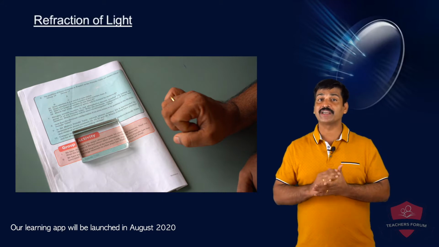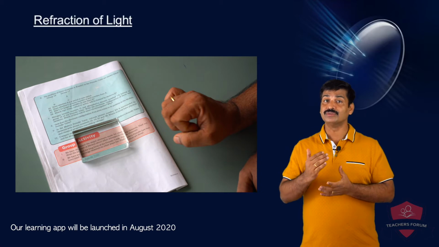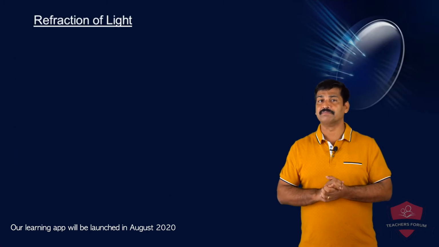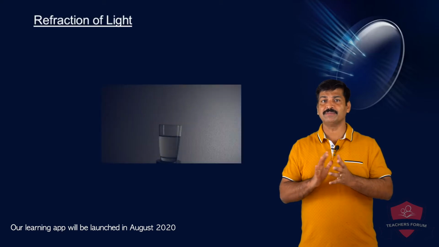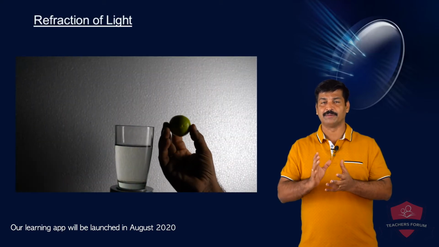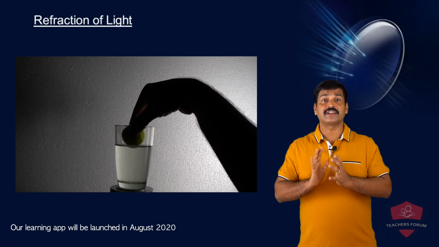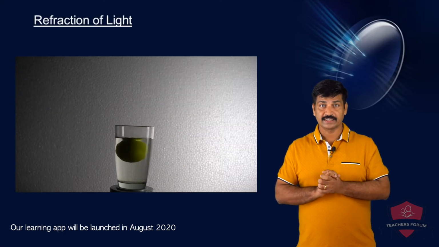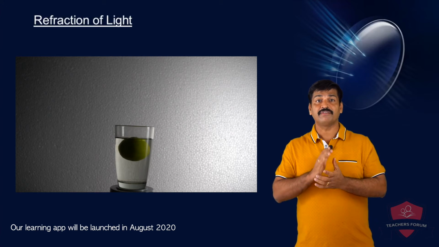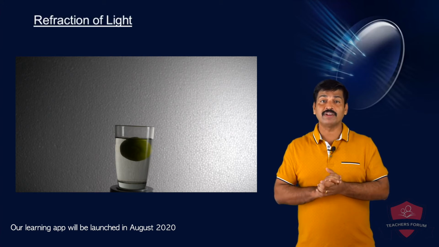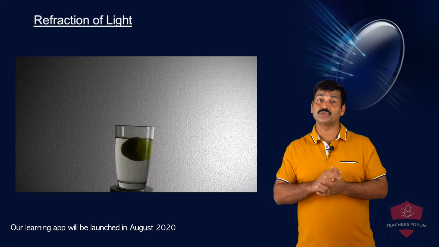First it travels through the glass, then it enters into air. The case is the same in the third case, similar in the case of the lemon. Now this phenomenon is known as refraction of light. That is, the change in direction of light when it travels from one transparent medium to the other.